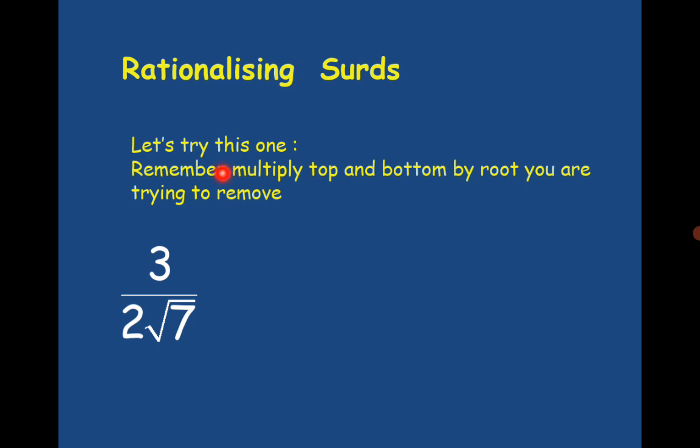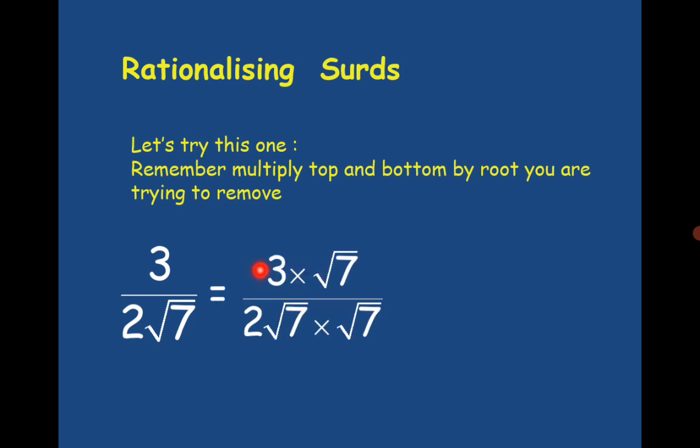Let's try another one. Remember, multiply top and bottom by the root you are trying to remove. So the root we are trying to remove here is root 7. So to do that, multiply the top number and the bottom number by root 7, like this. So we multiply the top number by root 7, the bottom number by root 7. So in this case, we shall get 3 root 7 over 2 times 7, because root 7 times root 7 will give us a 7.